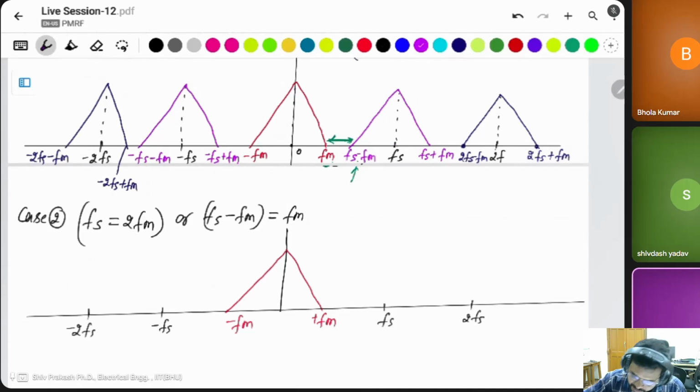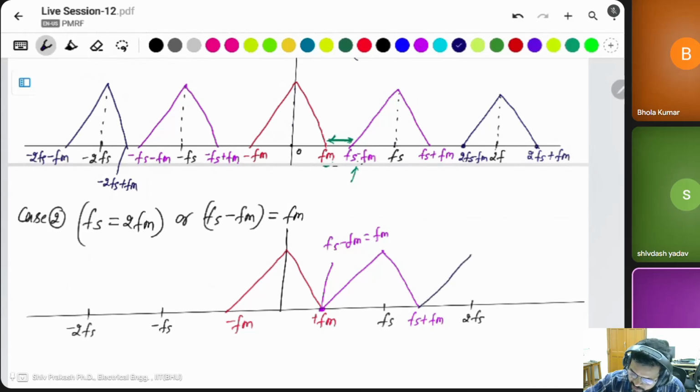In this case Fs minus Fm is equal to Fm. It means it will start from this one only. This is Fs plus Fm, but this corner Fs minus Fm is equal to Fm. It means both are at the same point. That's why there is no gap between them.